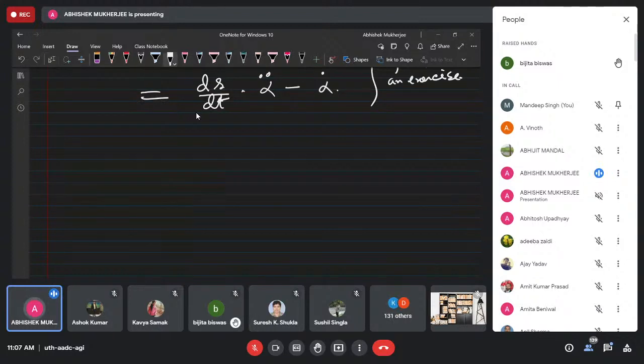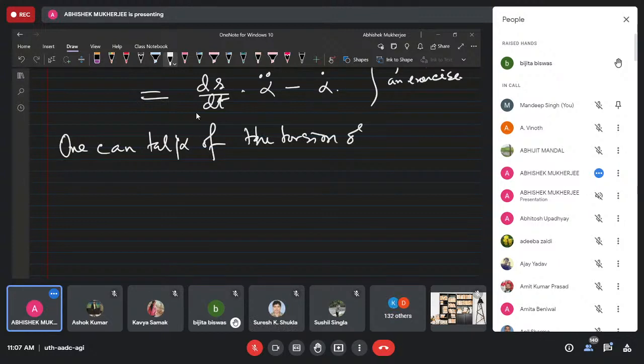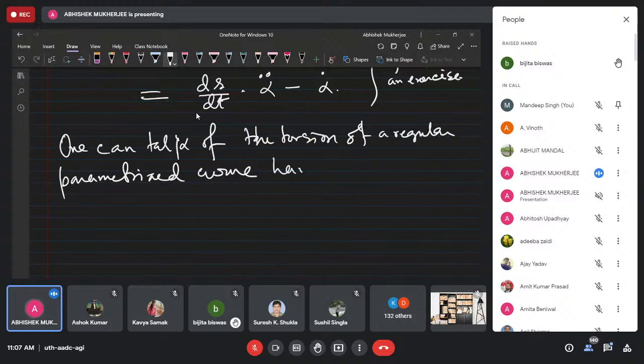So one can talk of the torsion of a regular parameterized curve without having singularity of order 1, that means having positive curvature.